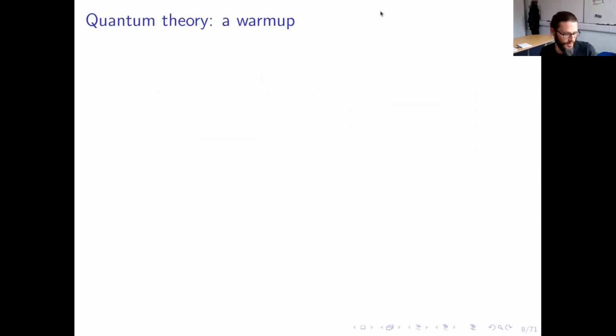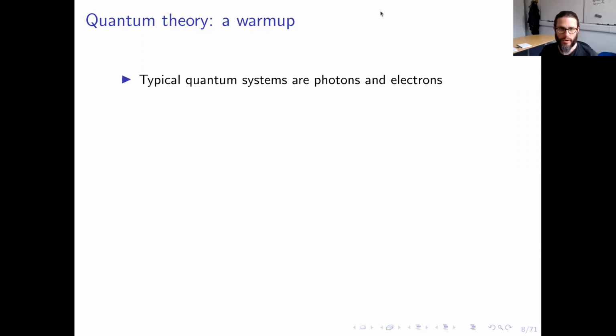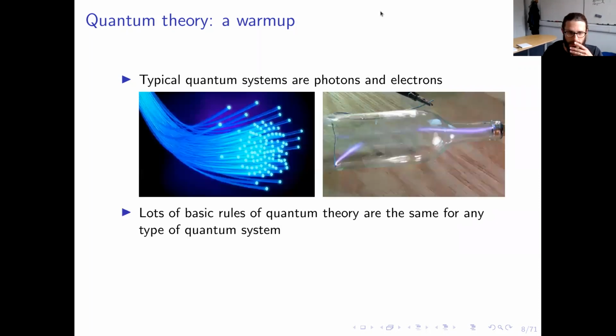Okay, so here's a little warm up from the book, from Picturing Quantum Processes. Typical quantum systems, so the things that are studied in quantum theory, are microscopic systems like photons and electrons, but it's not actually that important what specific kind of system you're talking about, because the basic rules of quantum theory are the same no matter what type of system you're talking about.